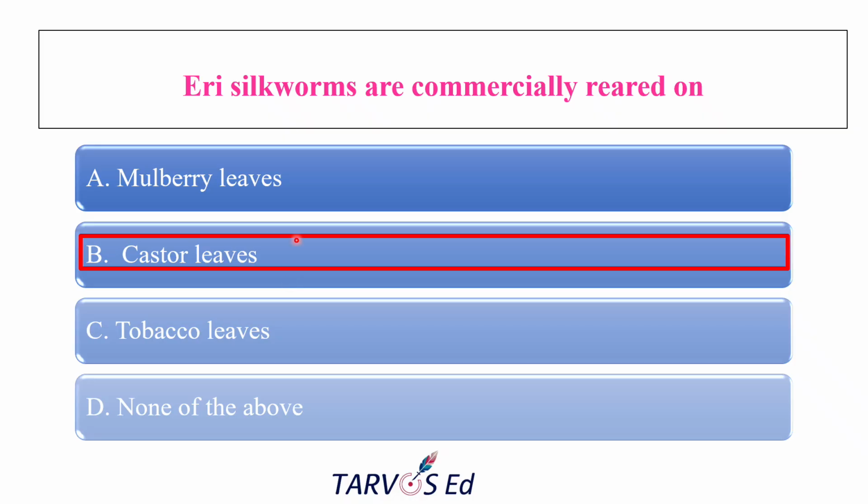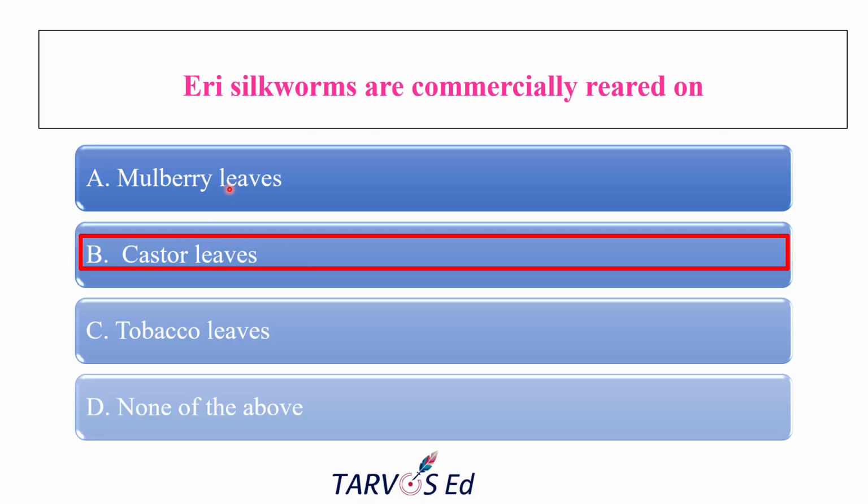Also there is a link between the scientific names of these two. The eri silkworm's scientific name is Samia cynthia ricini, with ricini there. The scientific name of castor is Ricinus communis, with ricin there too. In that way we can correlate them.